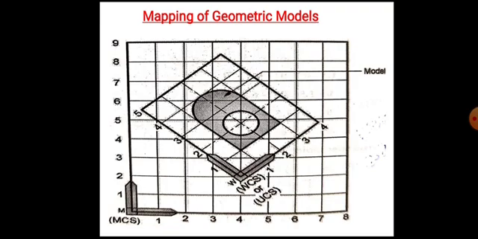Now many times, due to the geometry, orientation and size of the model, it is highly convenient for the user to input geometrical data with reference to the working coordinate system, as shown in the figure. The model coordinate system is the only coordinate system that the modeling software recognizes when storing or retrieving the graphical information in or from the model database.